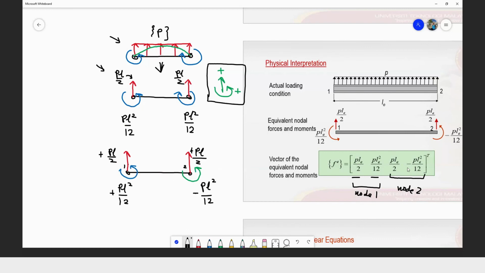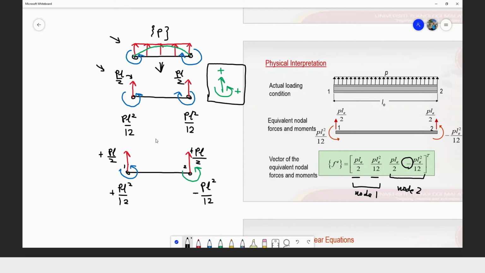So this is actually to explain to you where this minus came from. Okay, where this minus came from. It came from the conversion of the distributed load into the equivalent nodal points and moments, which physically happens like this. The moment should be in opposite directions between the 2 points.